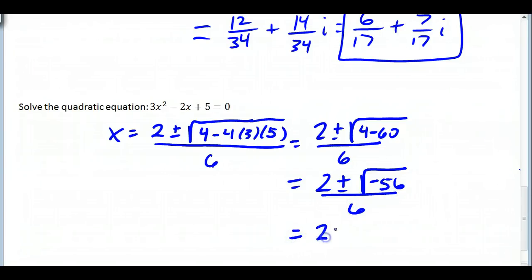And we don't have to worry about that negative 56 underneath the radical. We just make it i root 56. And that's your answer.